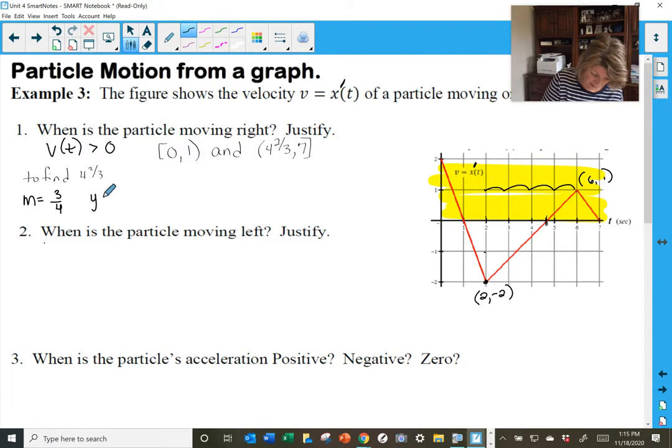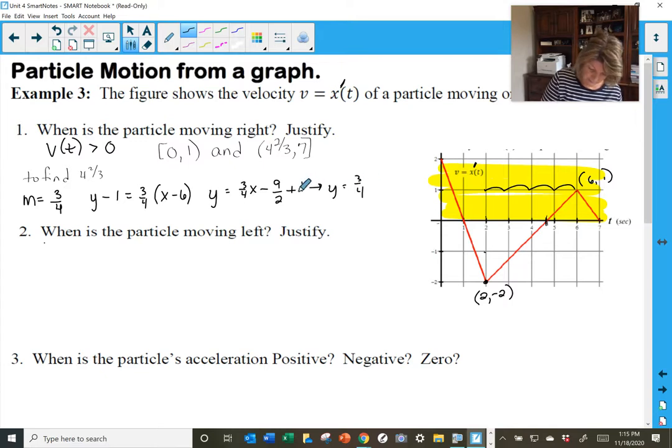And then I can use y minus 1 equals 3/4 times x minus 6. And that's going to give me y equals 3/4 x, and 3/4 times 6 is 18/4. 18/4 is 9/2. And then I'm going to add that 1 over, which gives me y equals 3/4 x minus 7/2. Whoops, x in there.